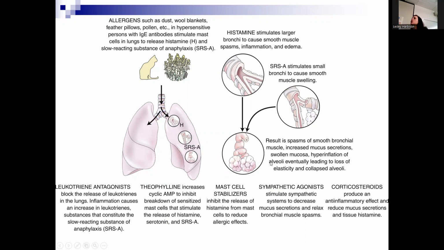This is just talking a little bit more of the pathophysiology, but I did like these down here because the leukotriene, the mast cell, the sympathetic, and the corticosteroids, it sort of summarizes those types of medications. This one here we don't talk about, the theophylline. I'm not sure how that fits in, so you could cross that one out.